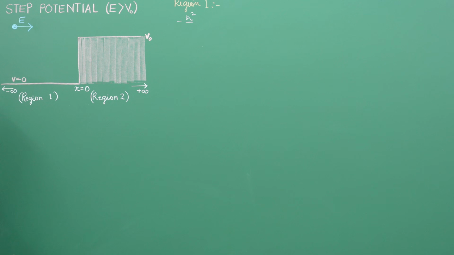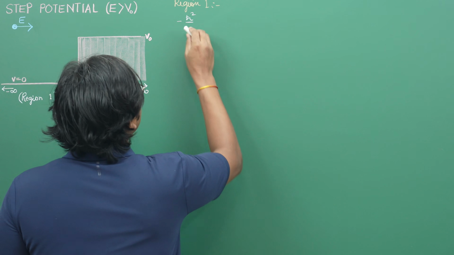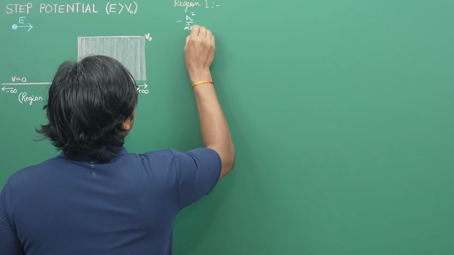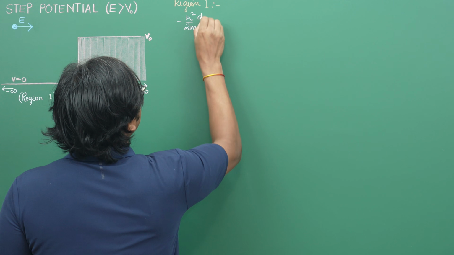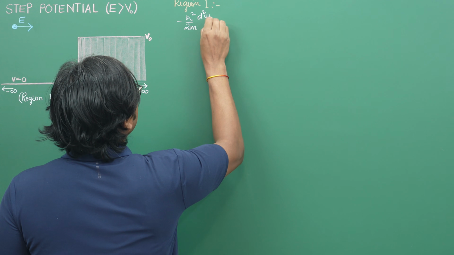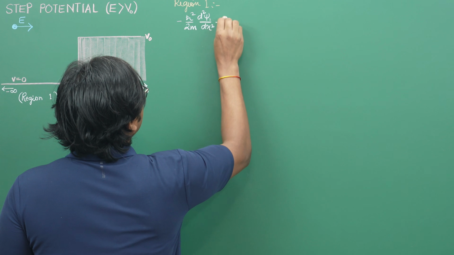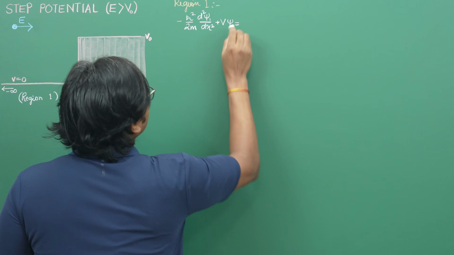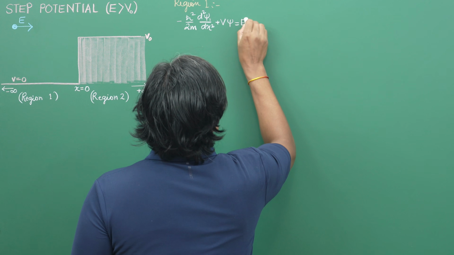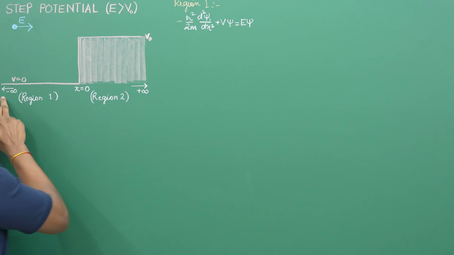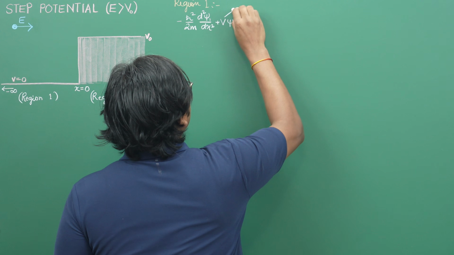In region number 1, the Schrodinger equation has a solution associated with its wave, and I call it psi1. Then minus h cross square upon 2m, d2 psi1 upon dx2, plus V psi is equal to E psi. Now in region number 1, the potential is 0.